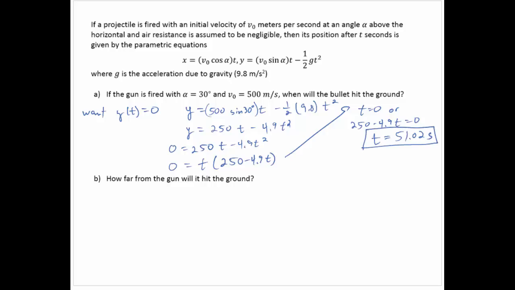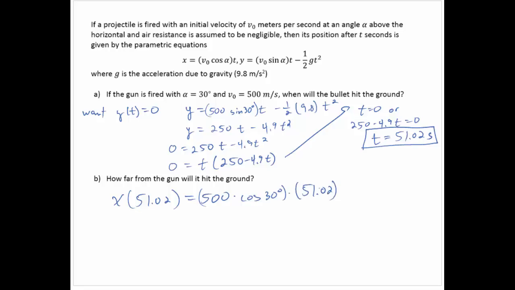How far from the gun will it hit the ground? We know it hits the ground in 51 seconds. How far away from the gun is that? Well, that's an x coordinate. And so we want to find x of 51.02. x of 51.02, that would be 500 times cosine of 30 degrees times the time, which is 51.02.